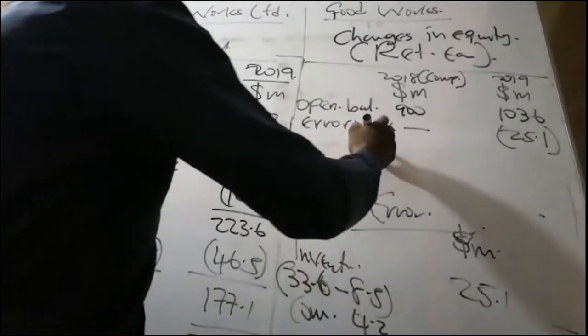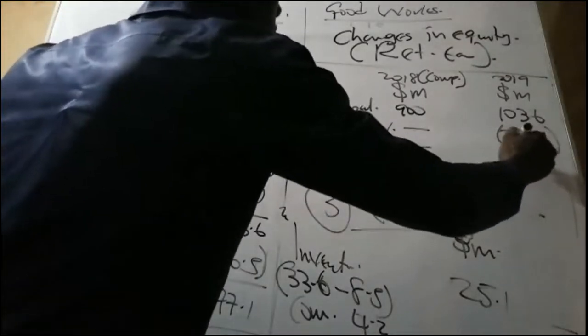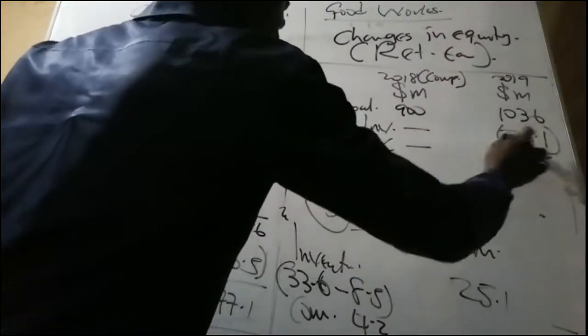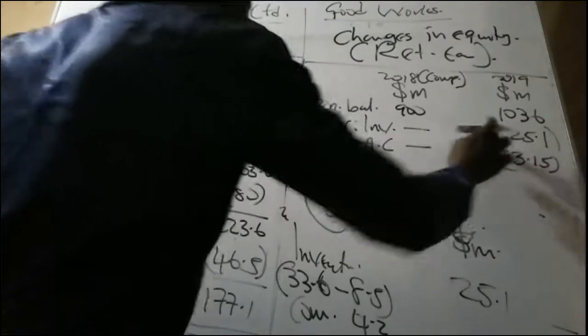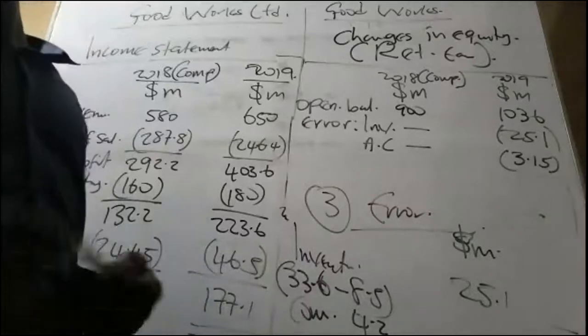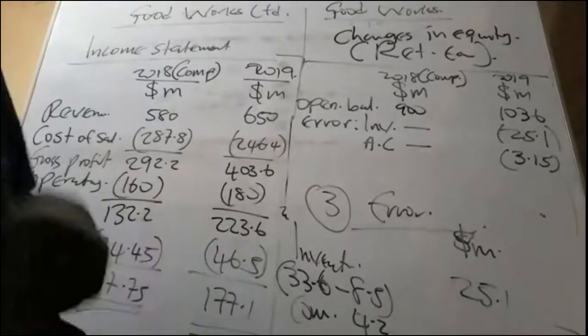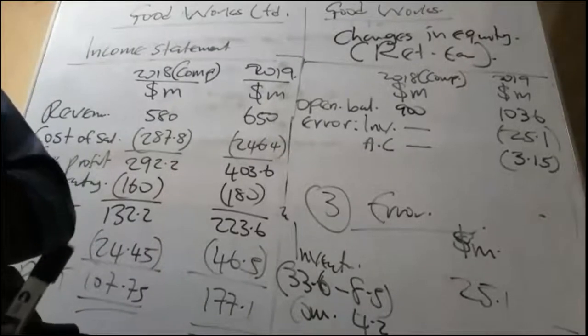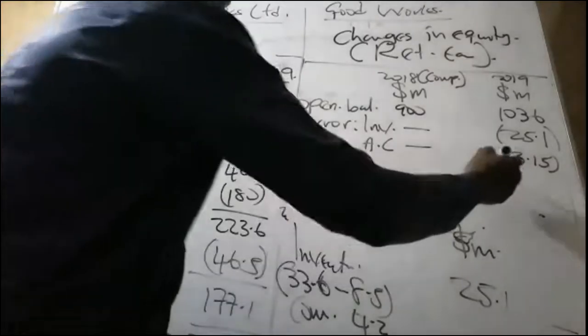So agent commission, 3.15, that one we subtract. Why are you subtracting? Because it is an expense that they've not charged. So in correcting it, change in equity we have to subtract it over there.